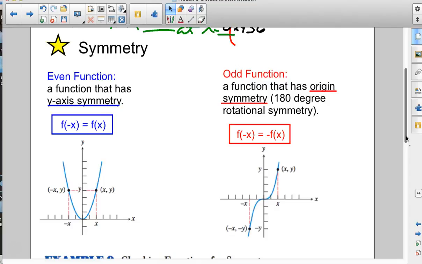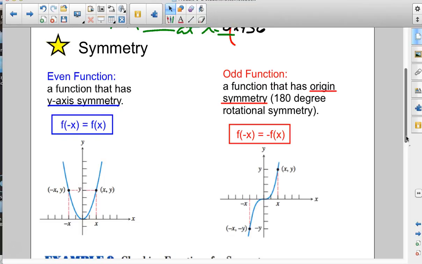A function that has origin symmetry, which is 180-degree rotational symmetry, and that's different. If you put a negative x into that, it should negate your entire function at the beginning. You should see exactly the opposite of what you started off with. So with this one, if we put negative x into the function and we simplify, magically we get right back to the beginning. Everything's good.